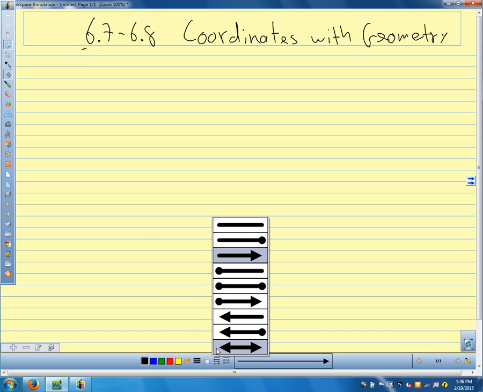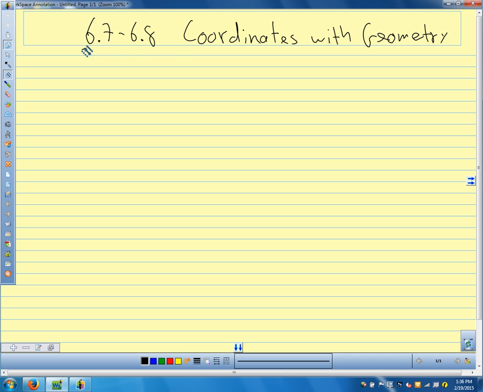And there are three main tools that we're going to use. We've talked about them before over the course of the semester. So three things that we're going to use to help us solve these kinds of problems.